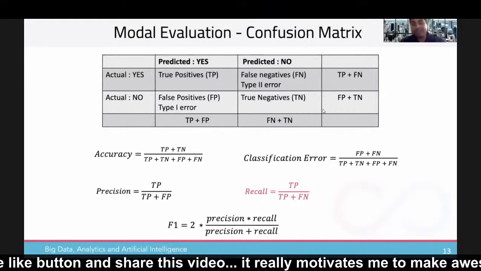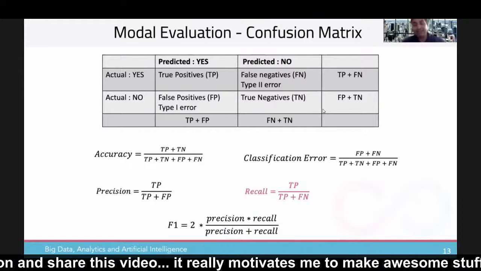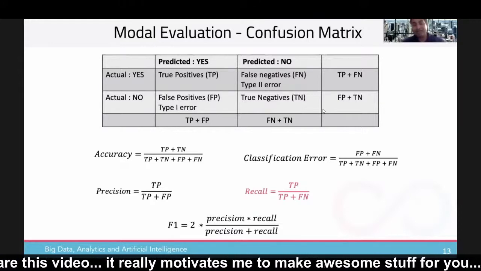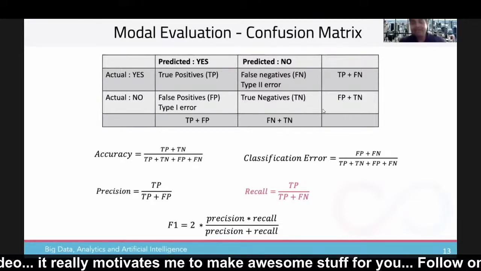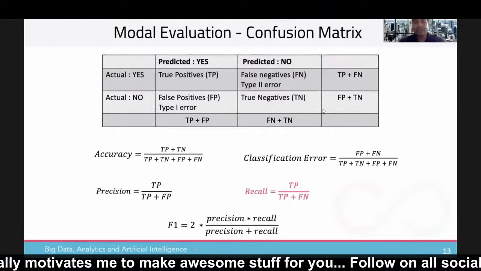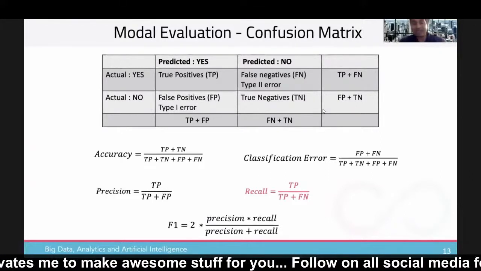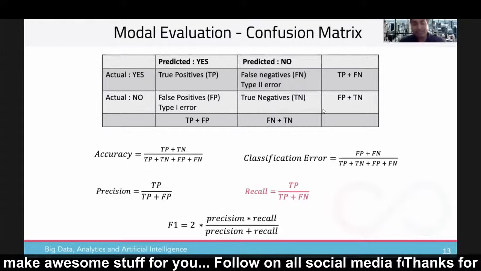So there is a little differentiation between how efficiently it identified the positive cases, and, if there was a positive case, how effectively it identified it, which is determined by the recall.